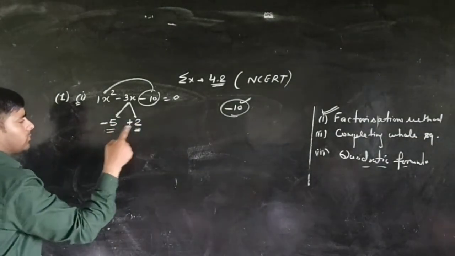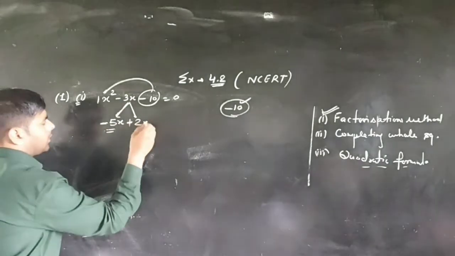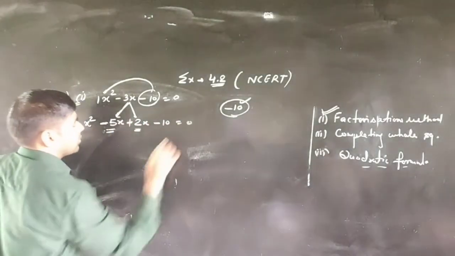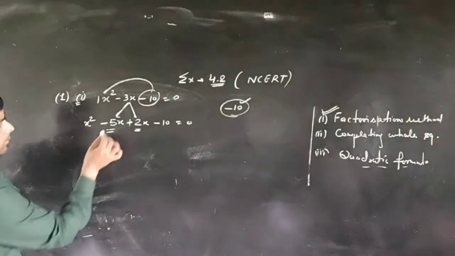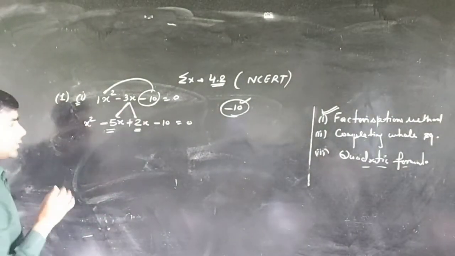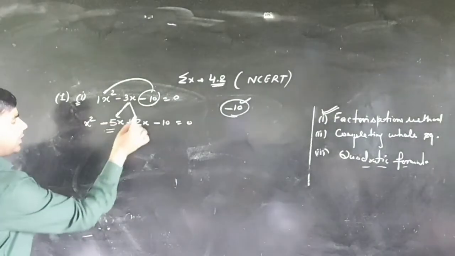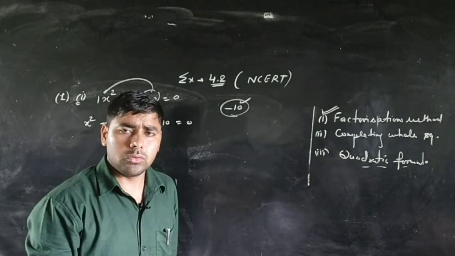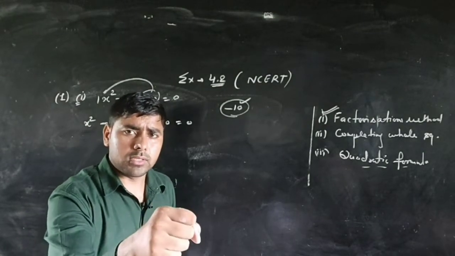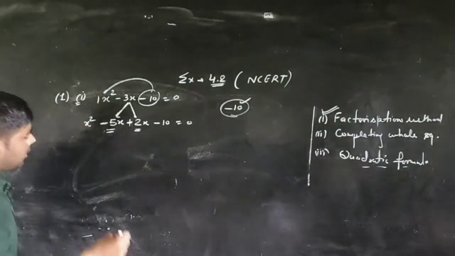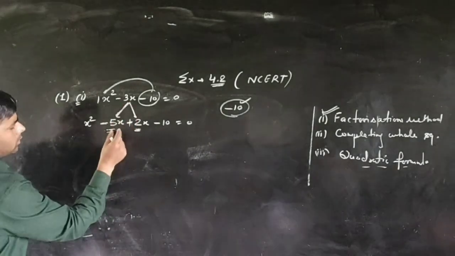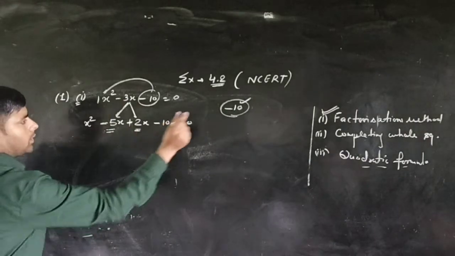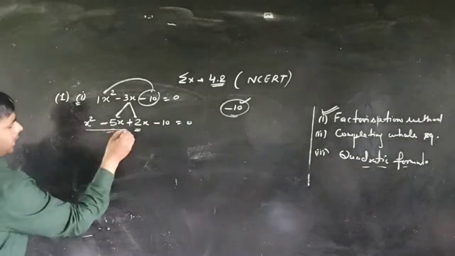So minus 5x plus 2x, x square, and minus 10 equal to 0. Minus 5 plus 2 is minus 3, and minus 5 into plus 2 is minus 10. You must select such a pair of two numbers that their sum is minus 3 and their product is minus 10.